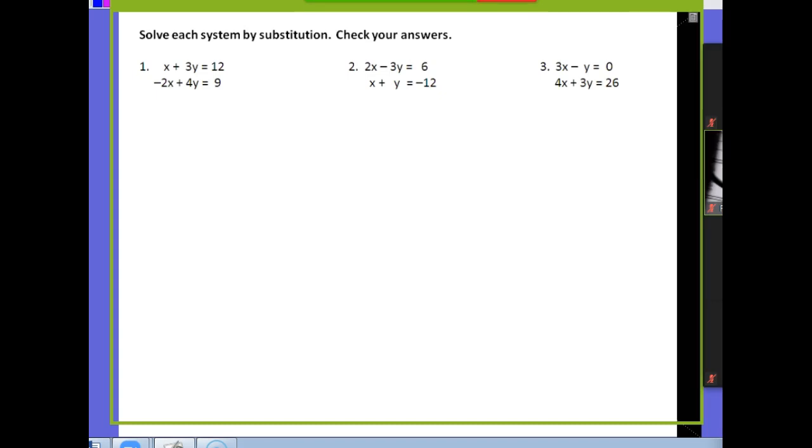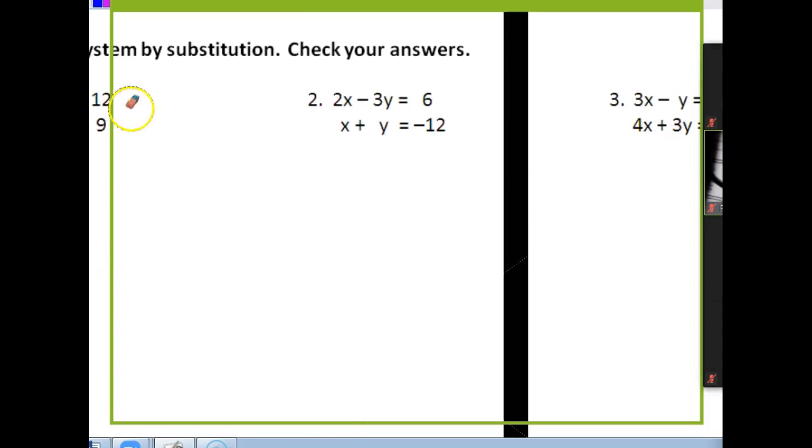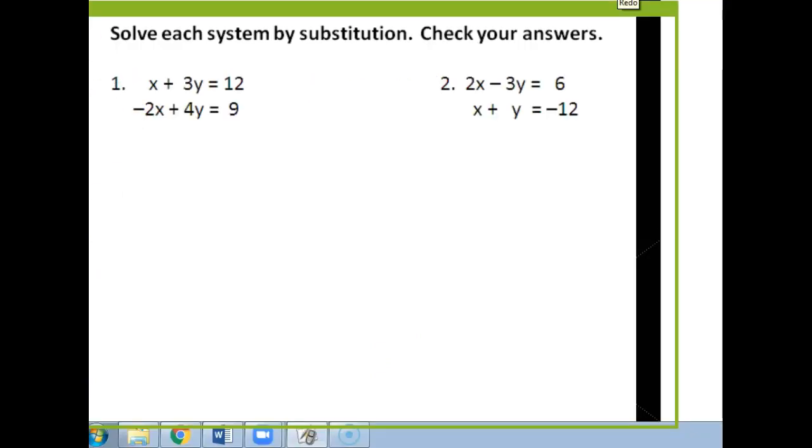Let's zoom in on that. All right, so we're going to solve equation 1 for x. So by doing that, we get that x equals 12 minus 3y.